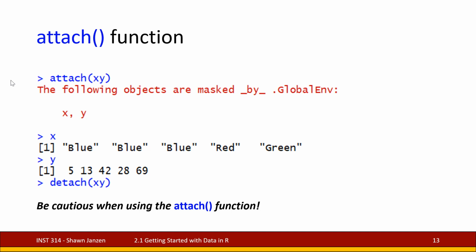It can be problematic on two particular occasions. First, if you have objects stored in your environment that have the same name as the variables from the data sets they come from. Remember, we made the variables x and y before we combined them into our data frame xy.